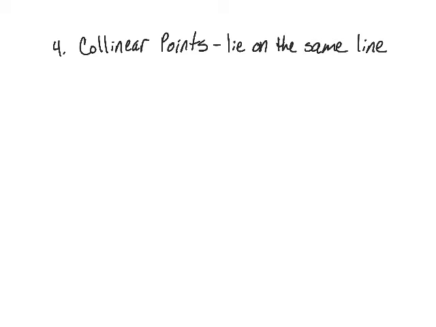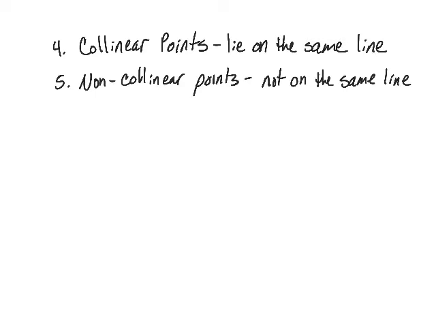But when you have more than 2, they might be collinear or they might not. If they don't line up, we call that non-collinear. Non-collinear points are not on the same line.